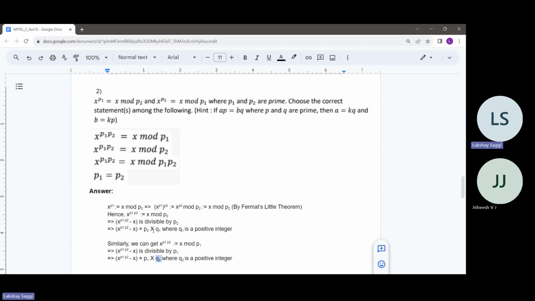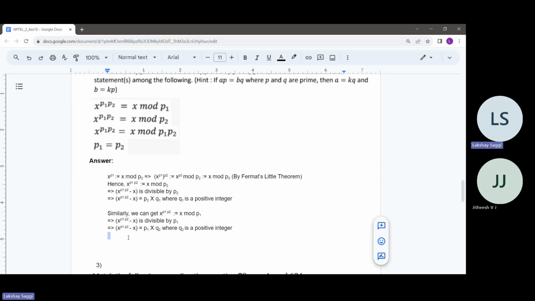Note that q1 and q2 need not be equal, obviously. But x raised to power p1 p2 minus x is equal on both sides, so we can write it as either p2 times q1 or p1 times q2.